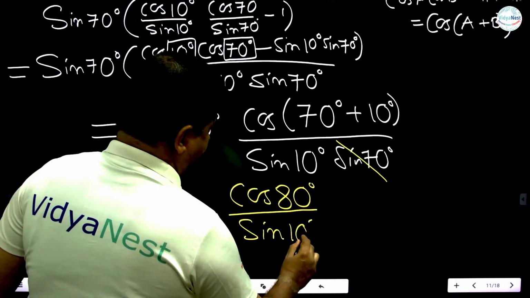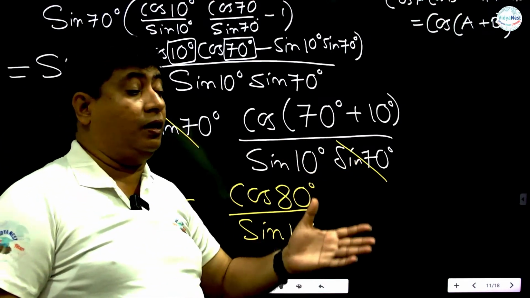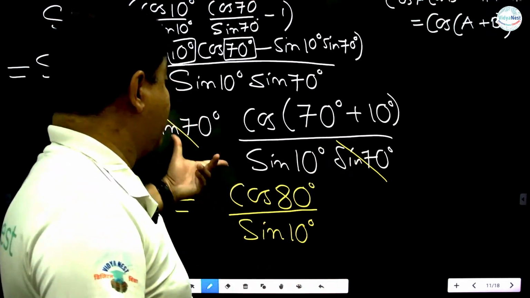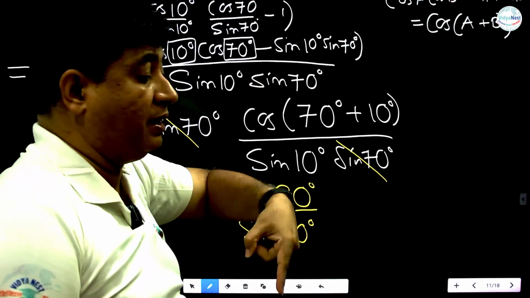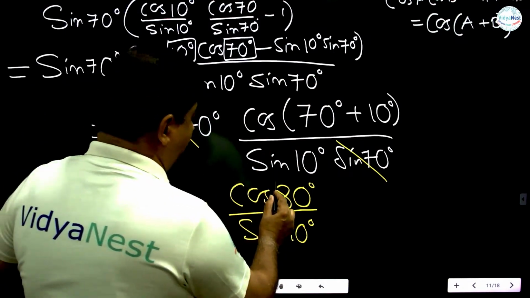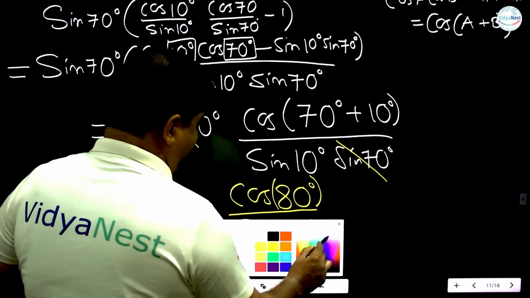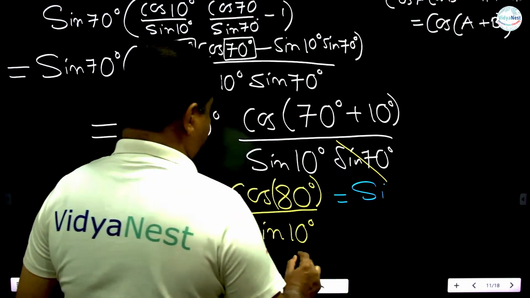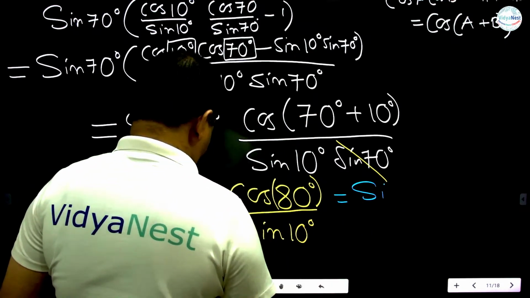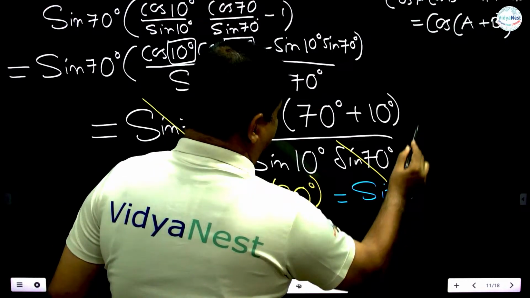Now that will remind you, from your junior classes, complementary angle: cos theta means sin 90 minus theta. So instead of cos 80, if you wish, you can write sin 10. Why?